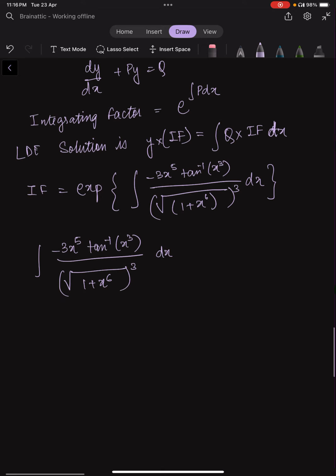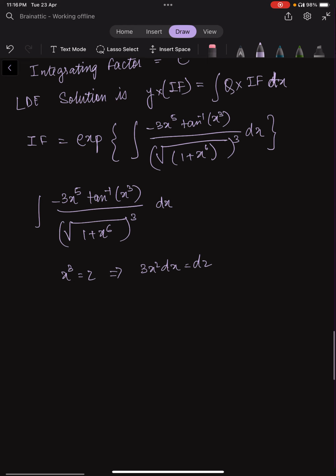So the first step we'll do is that we'll take x cube equal to z. This implies that 3x squared dx is equal to dz. So our integral, let's say this is our integral I, becomes of the form minus integral of z tan inverse z by (1 plus z square) power 3 by 2 dz.